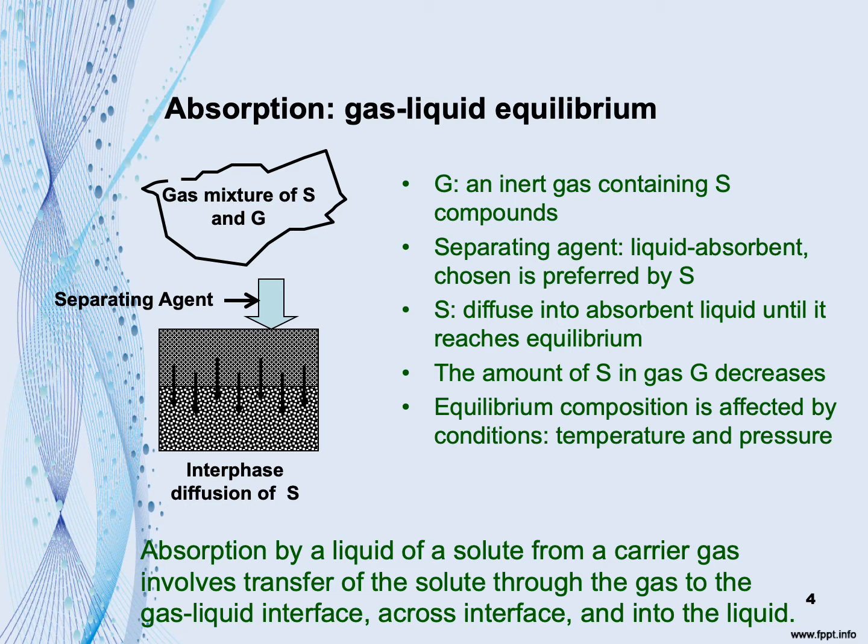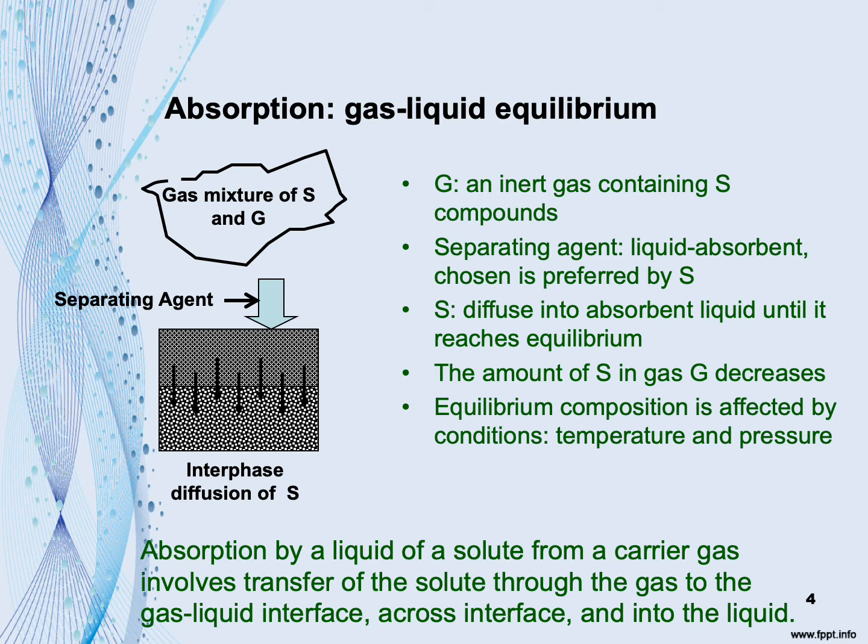Another example of application of separation processes is absorption. Absorption is different from distillation, where absorption is actually gas liquid equilibrium. So in the first place, we have a gas mixture comprised of, let's say, S and G. Let's say G is an inert gas, and S is the compound, and we want to separate S from the G. So we add a separating agent.